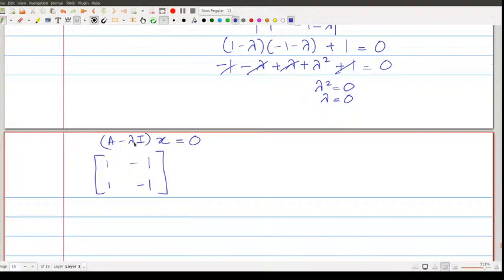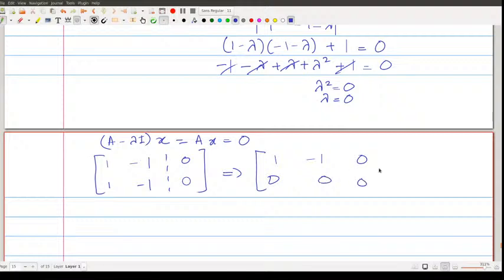Since lambda is 0, A minus lambda I is just A, so we write AX equals 0. Both rows are the same, so this reduces to 1, minus 1, 0, 0. The first row tells me x1 minus x2 equals 0, so x1 equals x2.